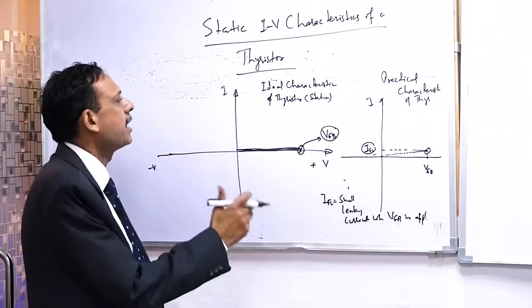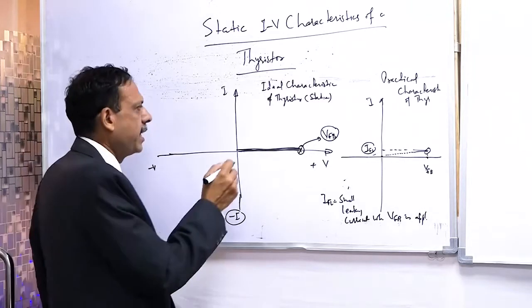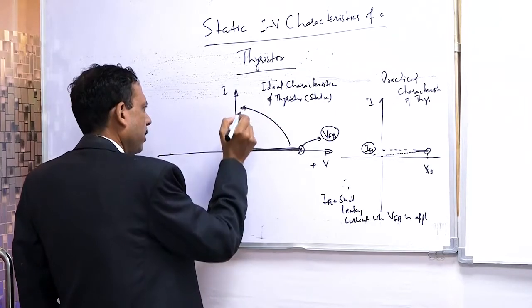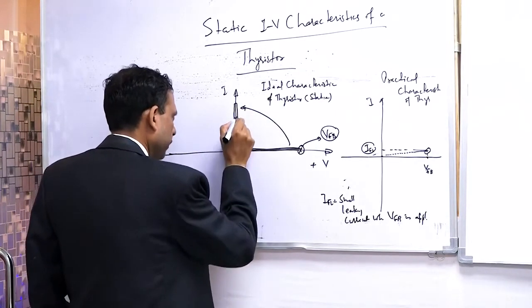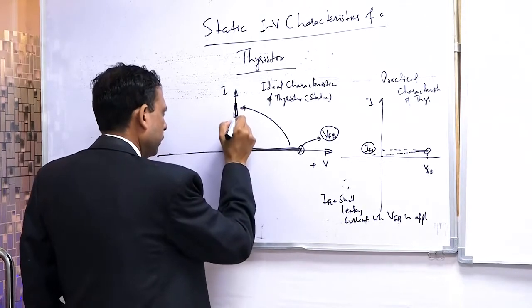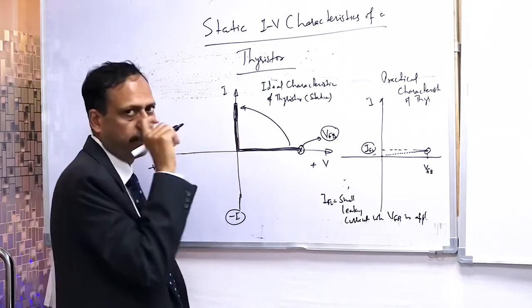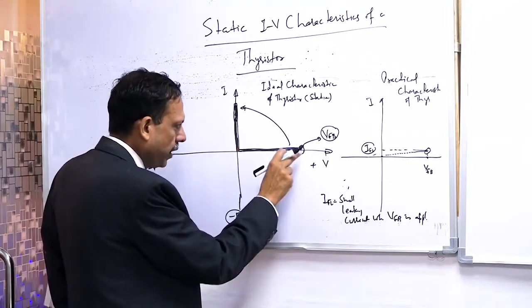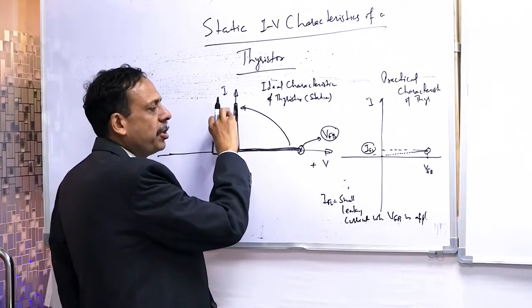Now, when it starts conducting, what will happen? When the gate is fired, what will happen? In ideal characteristics, directly it will go up to the current. It will start conducting directly, and there will not be any voltage drop. There is no leakage current when the voltage is applied, and when the current is flowing there is no voltage drop.